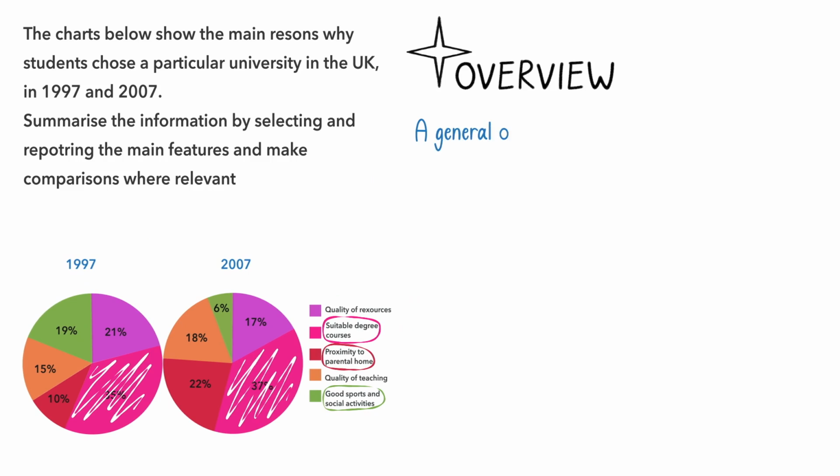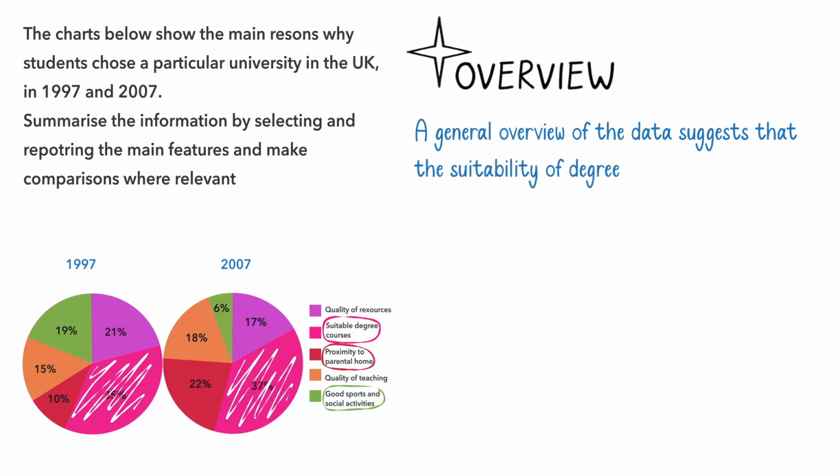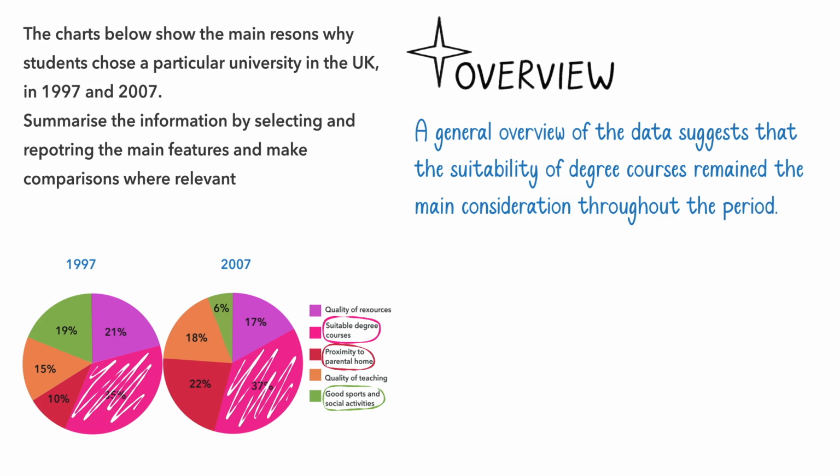A general overview of the data suggests that, this is a good phrase that you can use in the beginning of your overview paragraph. A general overview of the data suggests that the suitability of degree courses remained the main consideration throughout the period.